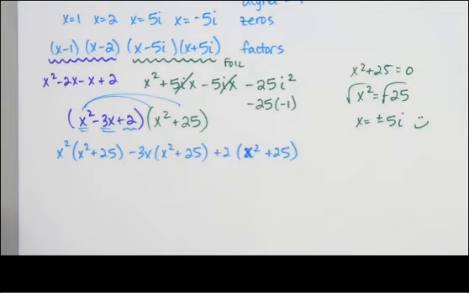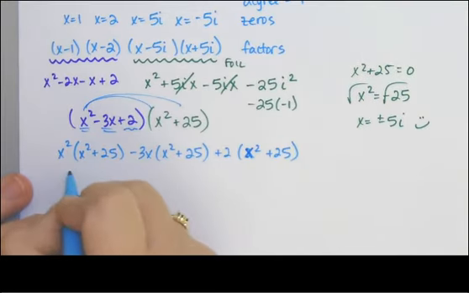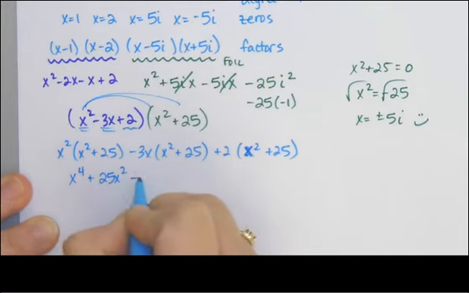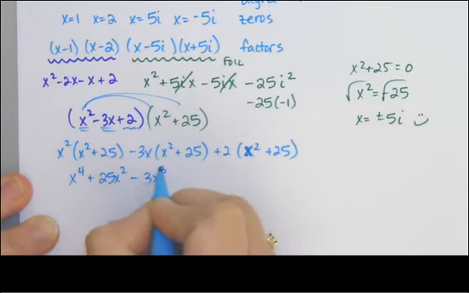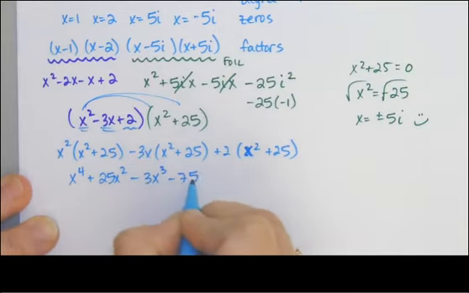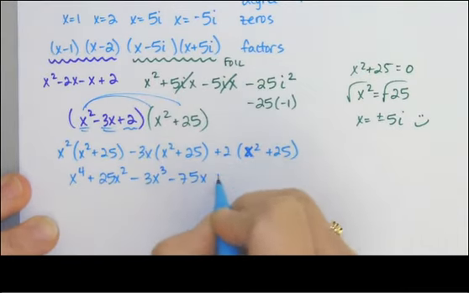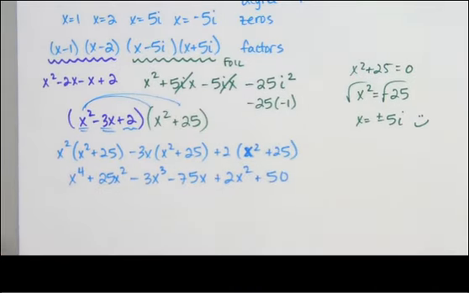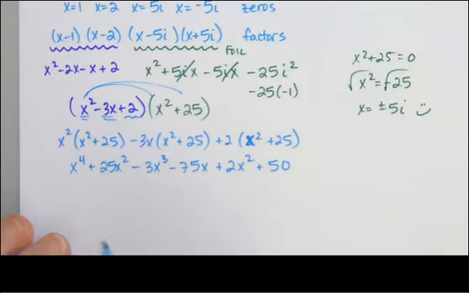Now I just need to multiply and simplify this out. So x squared times x squared is x to the 4th, plus 25x squared, minus 3x cubed, minus 75x, distribute this, plus 2x squared, plus 50. Obviously that is not in the right order, so I'm going to put my x to the 4th first.